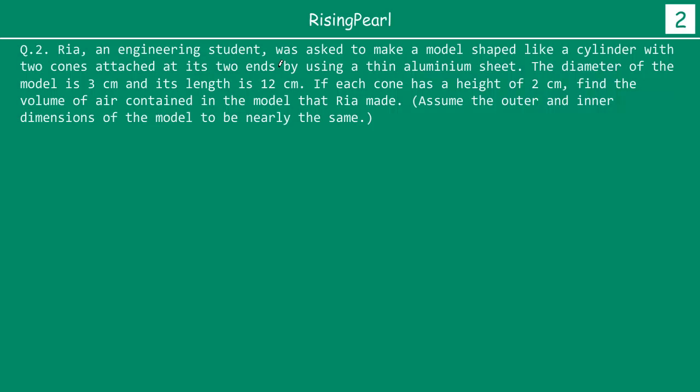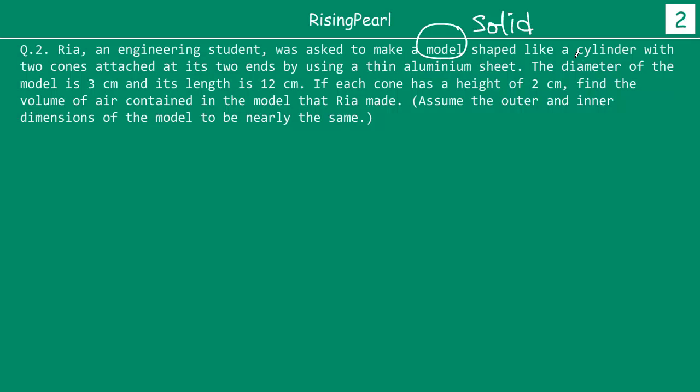Ria, an engineering student, was asked to make a model shaped like a cylinder with 2 cones attached at its 2 ends by using a thin aluminium sheet. So this is the model which is going to be the solid that we need to figure out. And the description of the model follows.